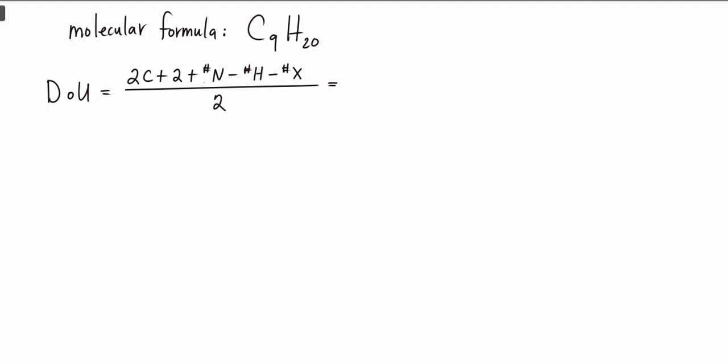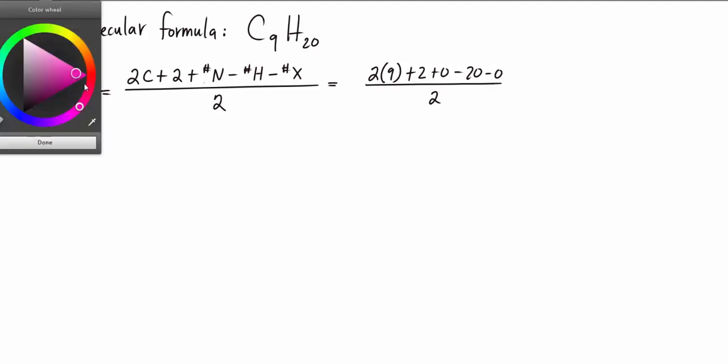So that's equal to 2 times 9 plus 2. And we don't have any nitrogen. We have 20 hydrogen, and we have no halogen. So you can either write out that step of plus 0 or minus 0 if we don't have those atoms, or you can simply leave it off.